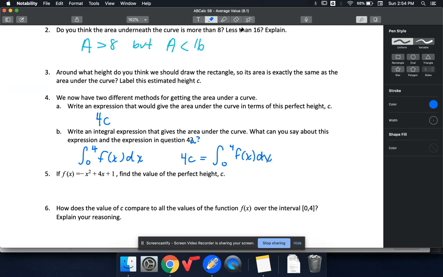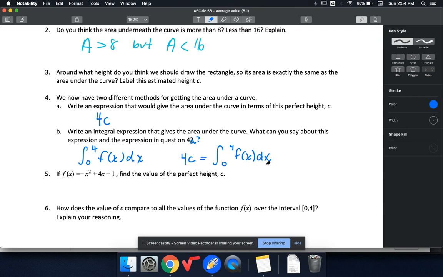And now remember that FRQ that we made you do, that you turned into us, the one that was about fuel consumption? And you ended up with something like the integral of 1 over b from 0 to b of f of x dx, and you told us that it was the average fuel consumption. Well, look at what we found here.